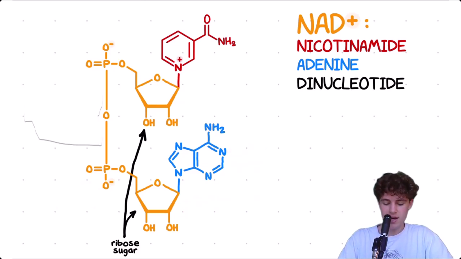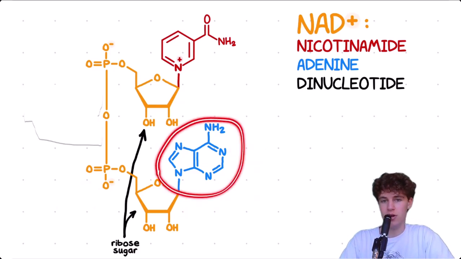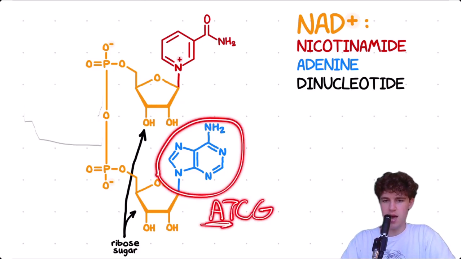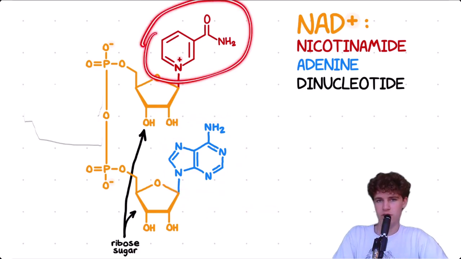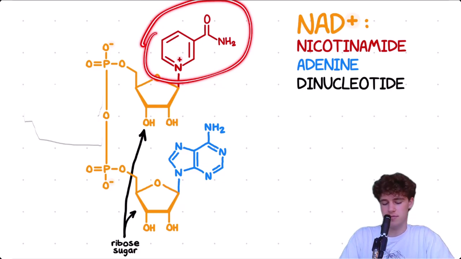Adenine is the name of this nitrogenous base, and you might be familiar with adenine if you know your A's and T's and C's and G's. Adenine is the A. Our other nitrogenous base is nicotinamide, which is, well, less common, but it's very important for the function of this compound.